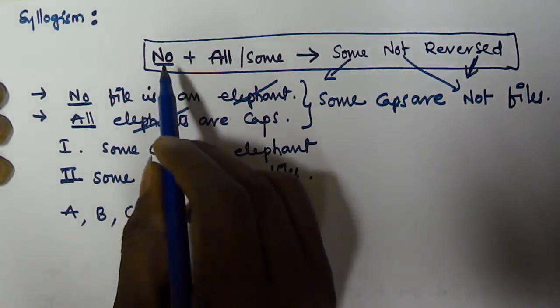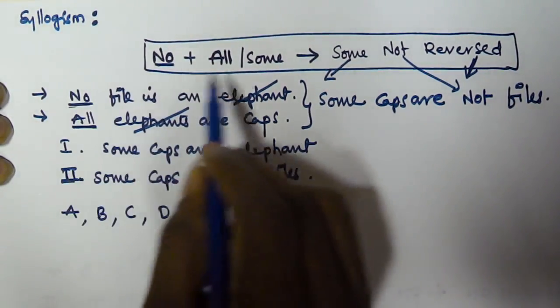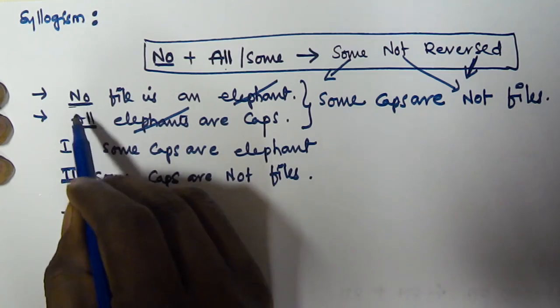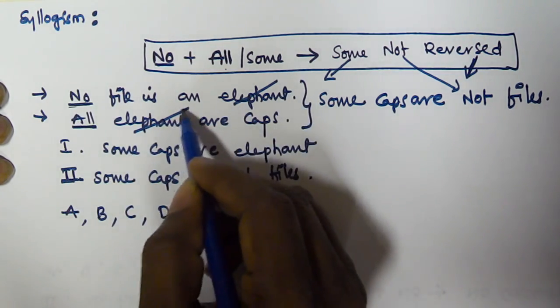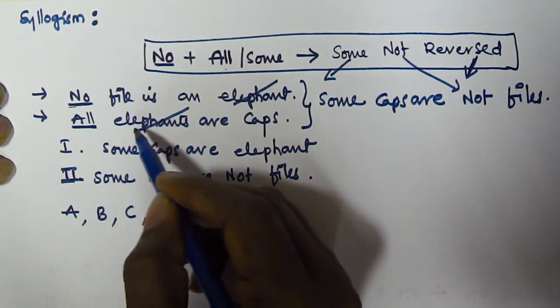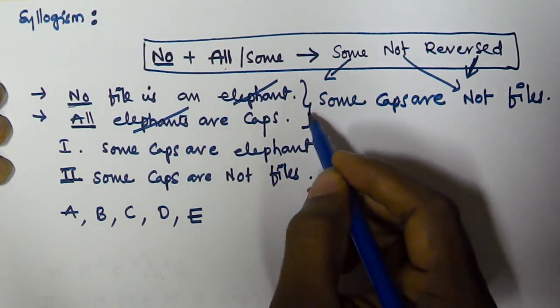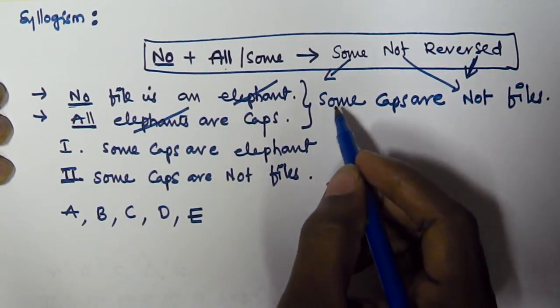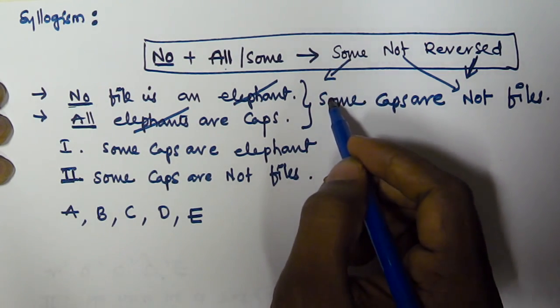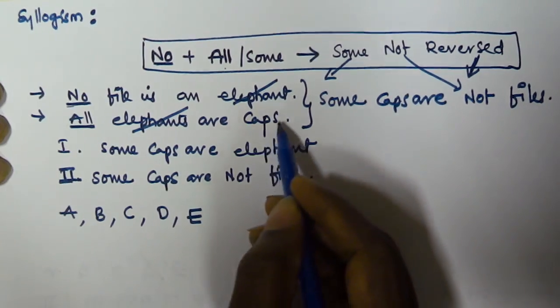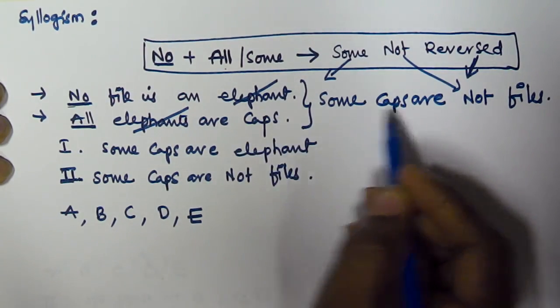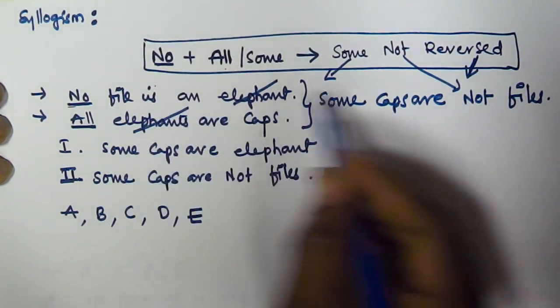So if the first statement starts with no and the second starts with all or some, and the predicate of the first one is equivalent to the subject of the second statement, then the derived conclusion starts with some, and then we take the reversed. Reversed means the second one's predicate becomes the subject and the first one's subject becomes the predicate.